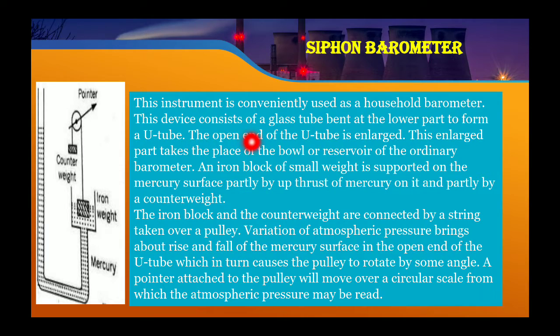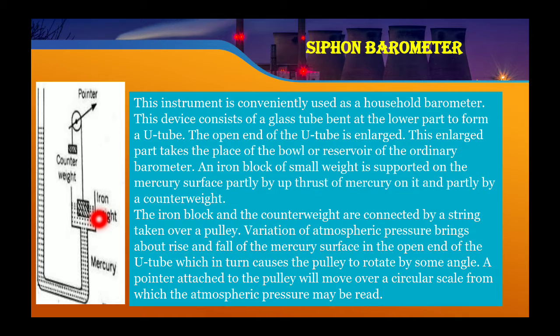This device consists of a glass tube bent at the lower part to form a U tube, and the open end of the U tube is enlarged. This enlarged part takes the place of the bowl or reservoir of the ordinary barometer.